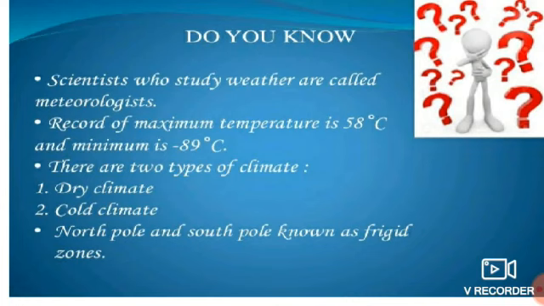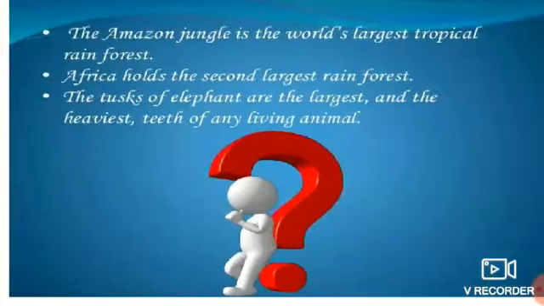North Pole and South Pole are known as frigid zones. The Amazon jungle is the world's largest tropical rainforest. Africa holds the second largest rainforest. The tusks of the elephant are the largest and heaviest teeth of any living animal.